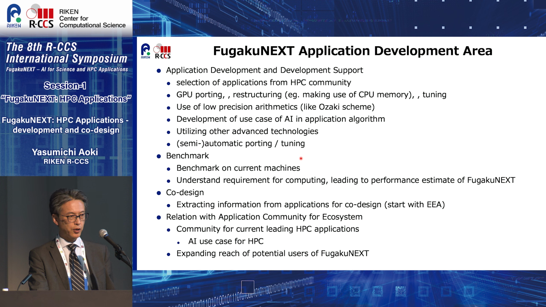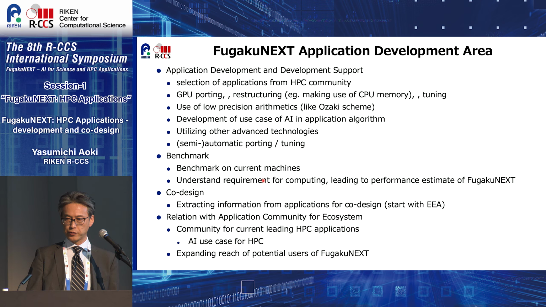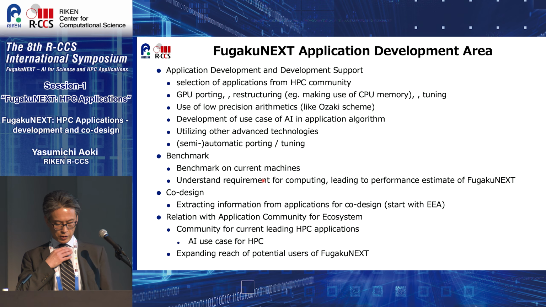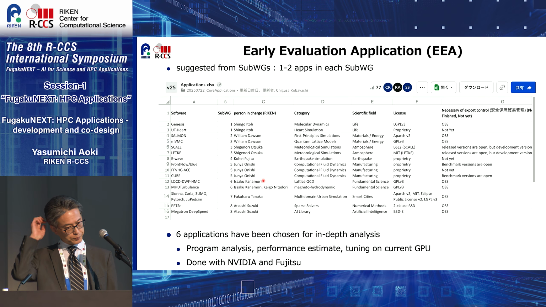So we may need to expand the reach of the potential users, not only the users of the current supercomputing facilities like Fugaku, but maybe there are needs for other applications which may run efficiently on the FugakuNEXT, because the architecture and the philosophy is completely different from the Fugaku.